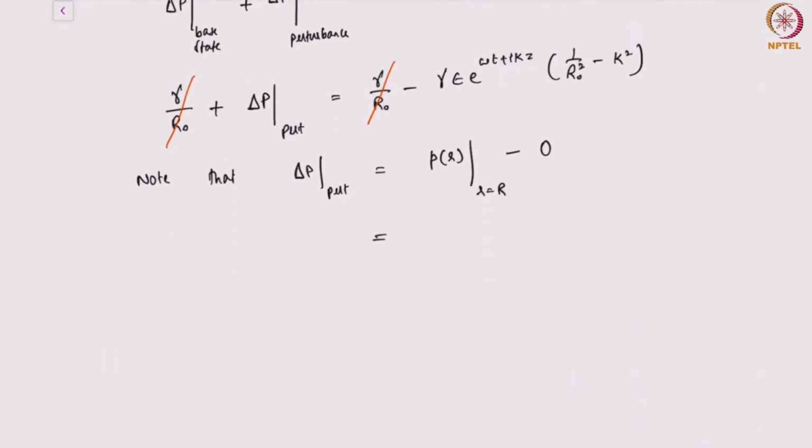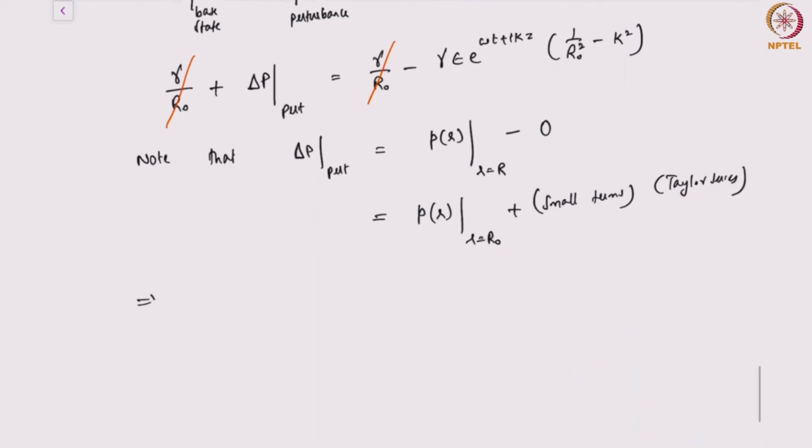Again the same thing, P of R is the perturbation pressure, that is P of R at r equals R0, plus you have the small terms. Small terms again would be the product of epsilon times del P by del R terms. This is again using Taylor series, right?